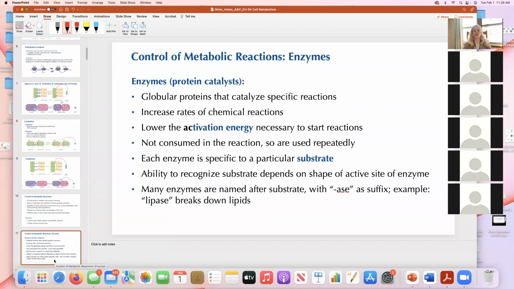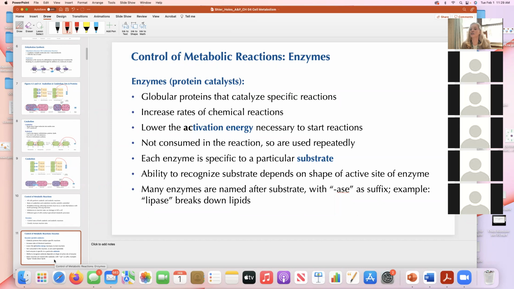All right, so let's talk a little bit about enzymes. Enzymes are protein catalysts, okay? They are globular proteins and they catalyze very specific reactions. They will increase the rates of chemical reactions, and they do so by lowering the activation energy that's necessary to start a reaction.